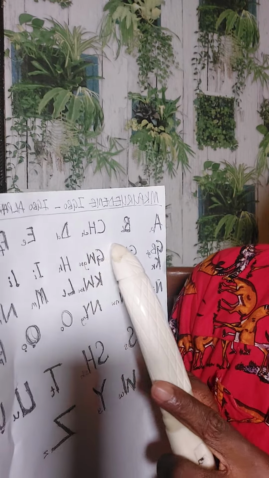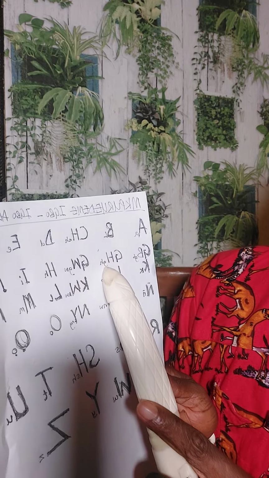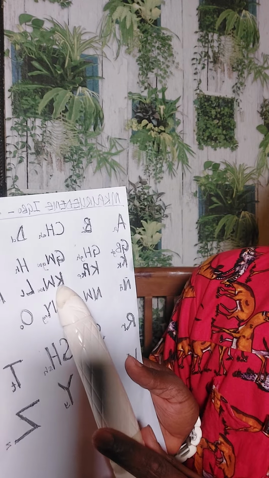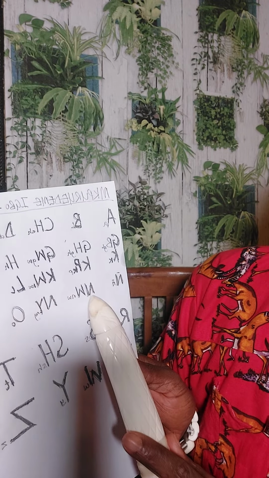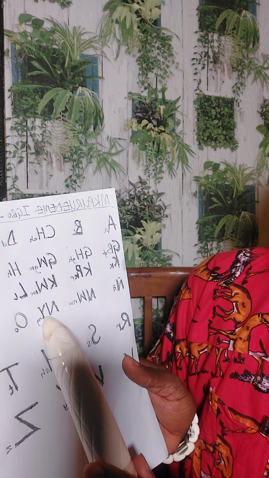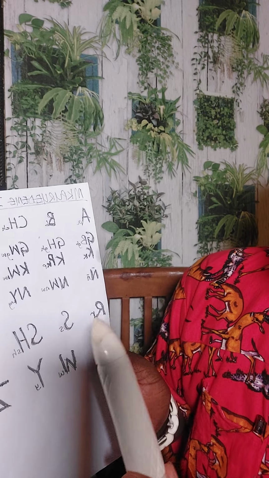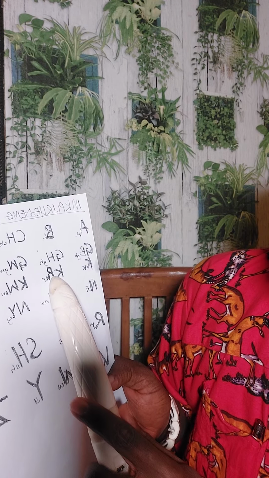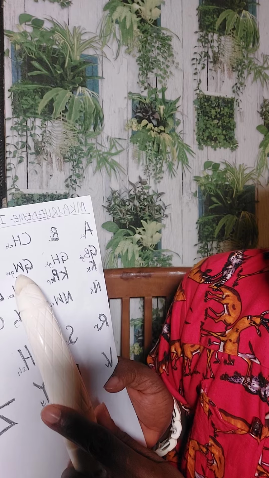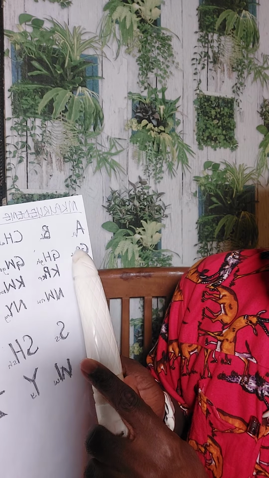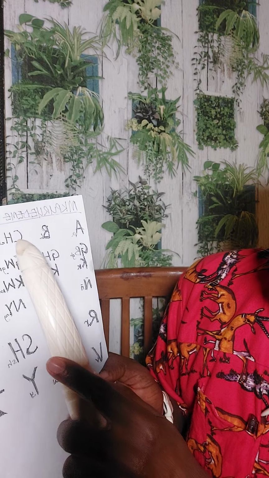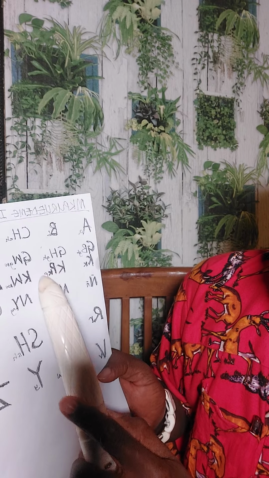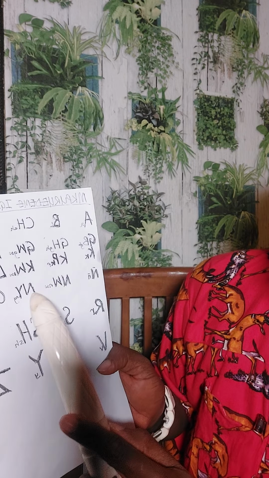Chi, we, re, we, be, we, ye, she, and count them. 1, 2, 3, 4, 5, 6, 7, 8, 9.